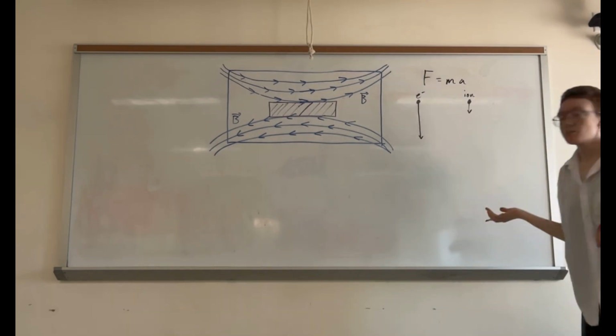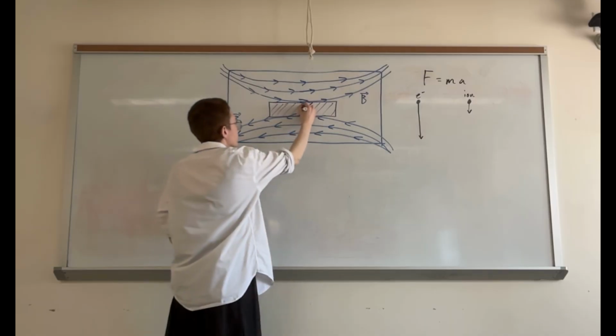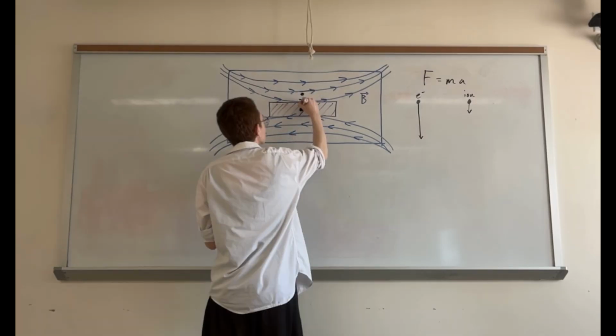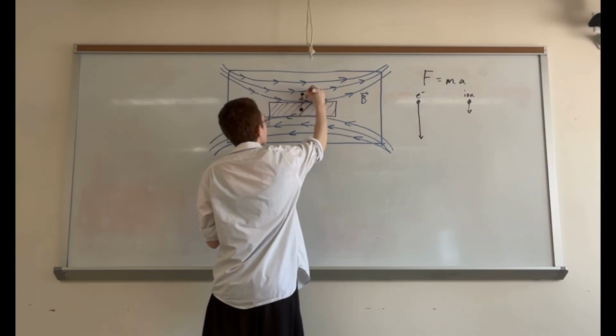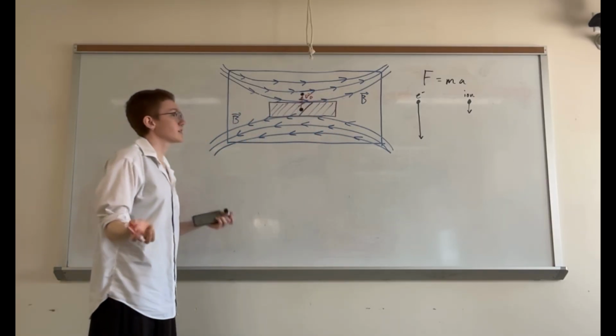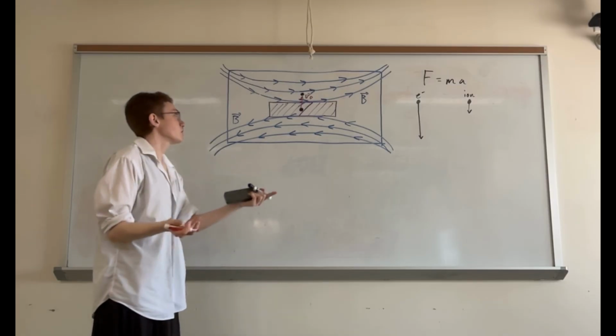So in our plasma, say we have an electron here and our ion here, now there's going to be some kind of drift velocity of the ion relative to the electron, or of the electron relative to the ions.